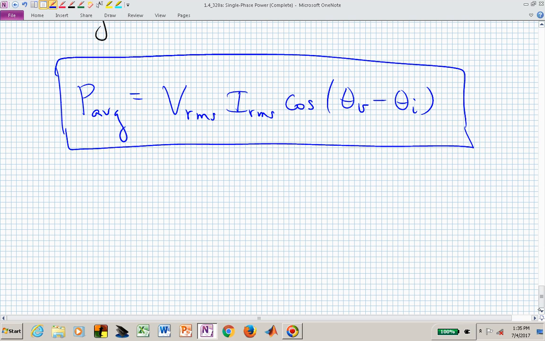And that's actually what we will call the real power.